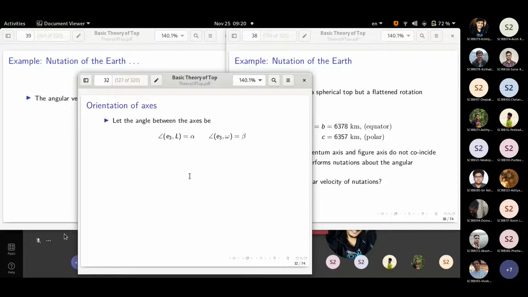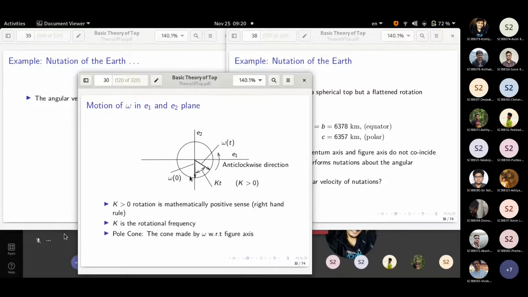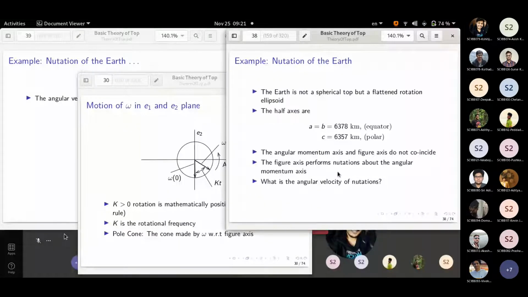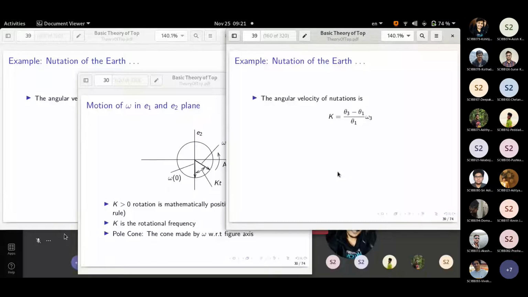Okay, it is very similar to this one. Instead of omega, you have to assume this is L, because both L and omega are moving around at the same rate with respect to the figure axis. So let us find out what this is. So k equals theta 3 minus theta 1 divided by theta 1.